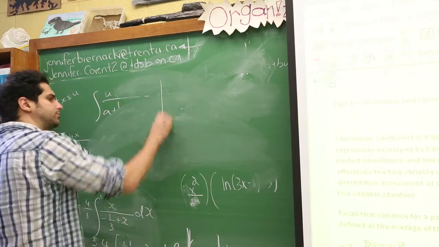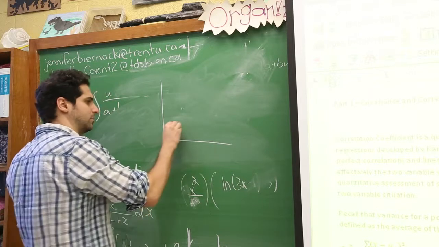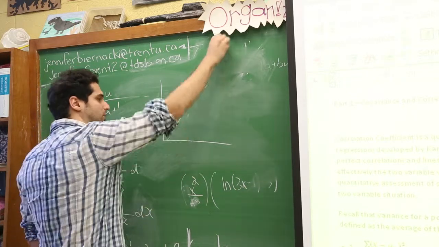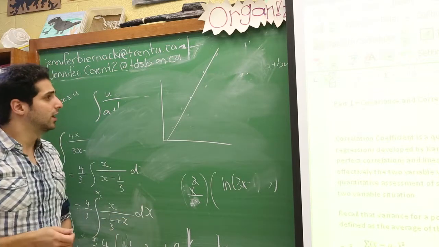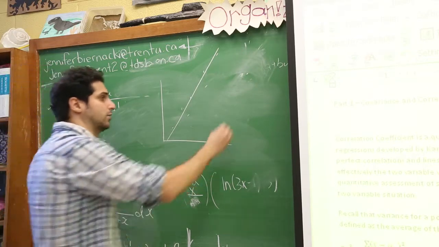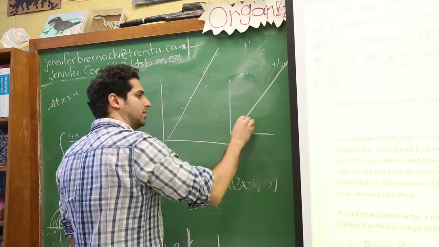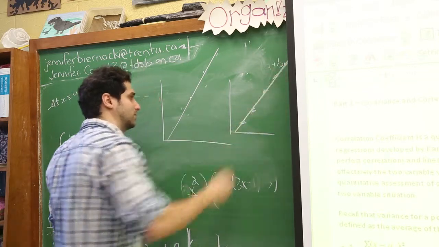So for example, I may look at a scenario like this. I may get data like that. The line of best fit may go like this. And on another experiment, I may get data like this, whereby the data points go right through the line of best fit.